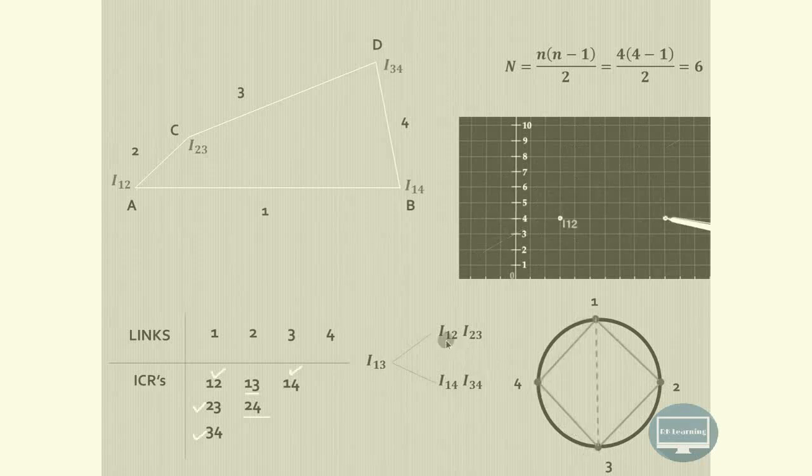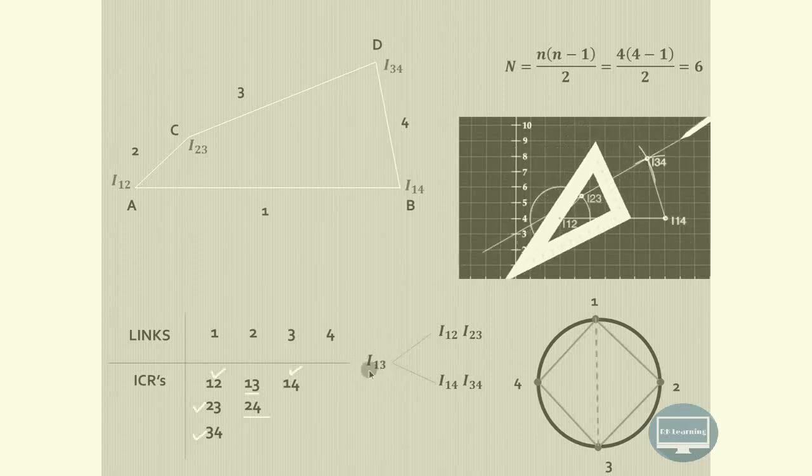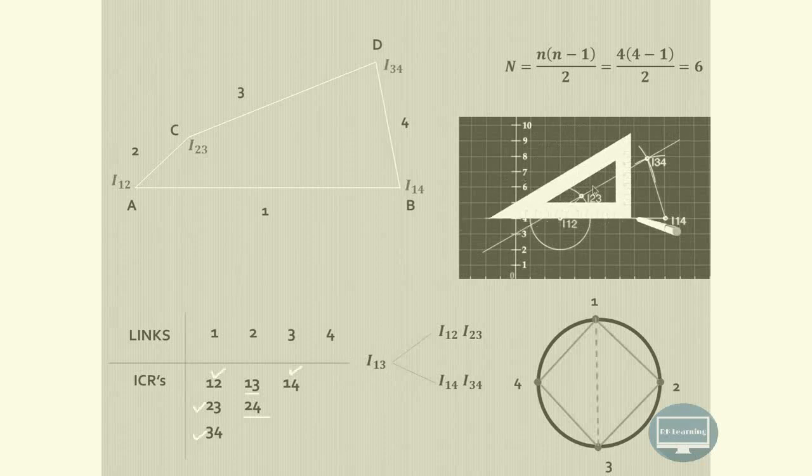It means that we have to extend the line joining I12 and I23, and similarly the line joining 1,4 and 3,4. Wherever these two lines meet each other, that is our instantaneous center of rotation of 1 with respect to 3, that is I13. We'll see that in the animation afterwards.